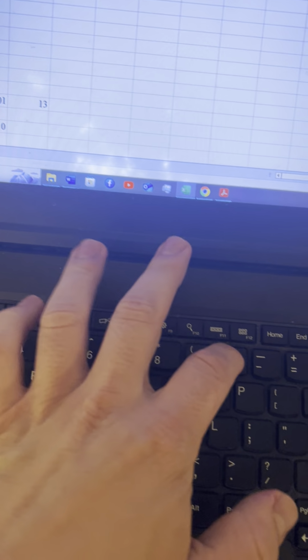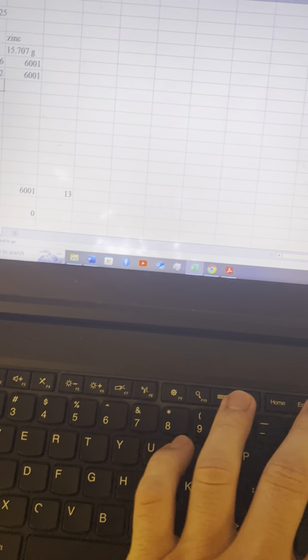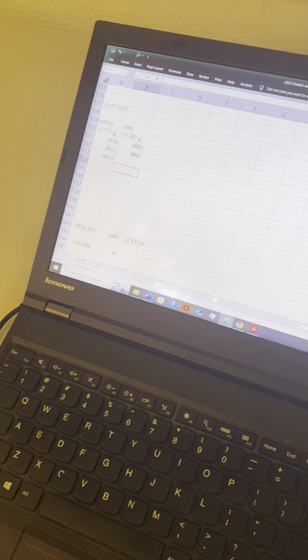What was the value here? 615. And so then you have more gravity per kilogram or per gram or whatever the mass unit is.